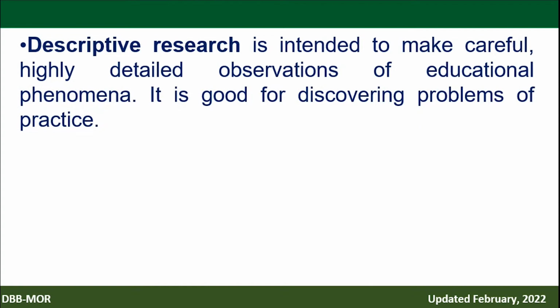And this is intended to make careful, highly detailed observations of educational phenomena or practices, or the strategies that you are using, whether it's effective or not. And it is good for discovering problems of the practice.